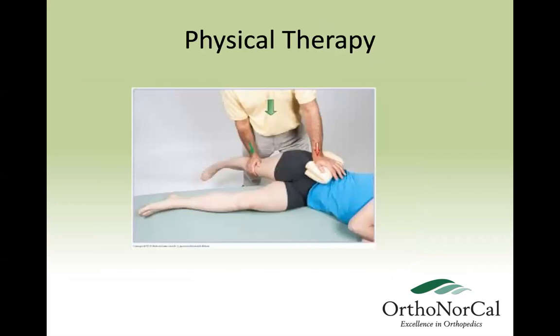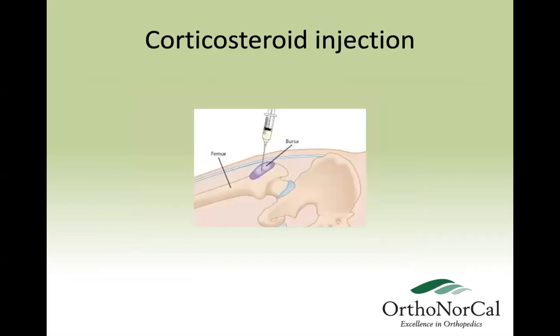Obviously, once again, physical therapy is our first line of treatment, trying to stretch that IT band out so there's not so much pressure and tension. When that doesn't work, you can inject a corticosteroid. The way corticosteroids generally work is they stop the chemical reaction that causes inflammation, and that's how they work as an anti-inflammatory.